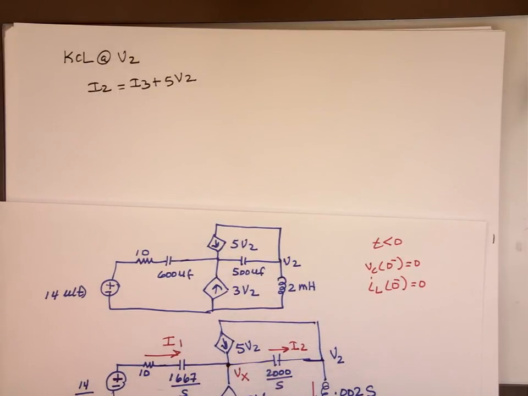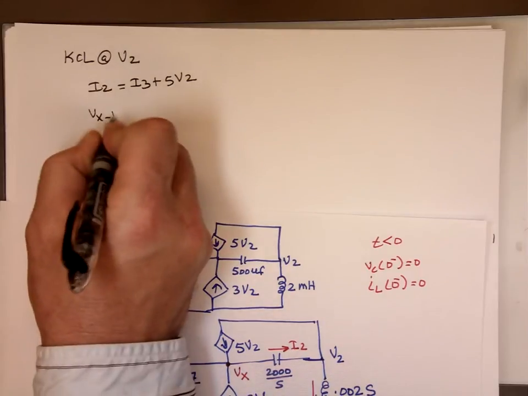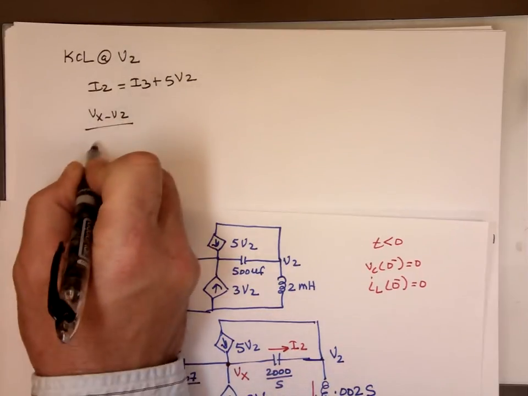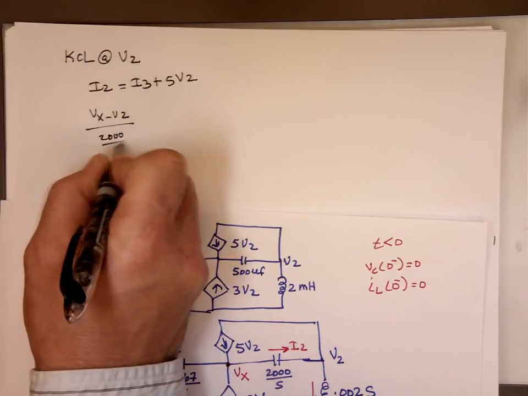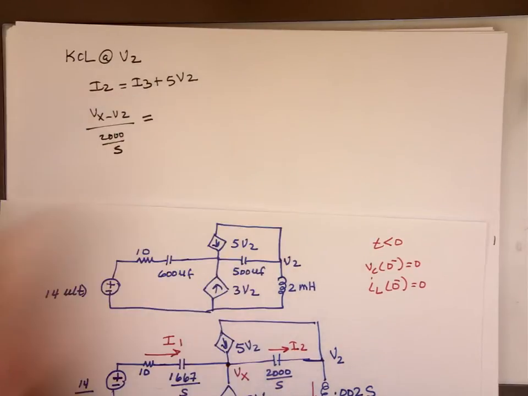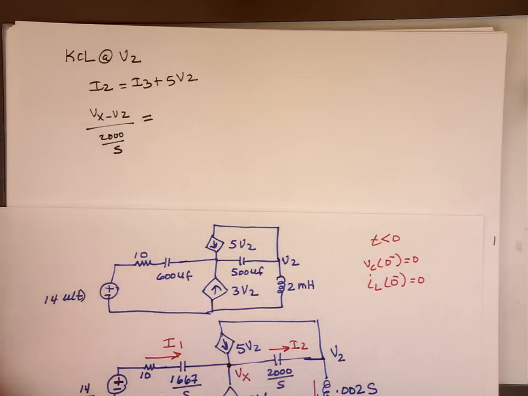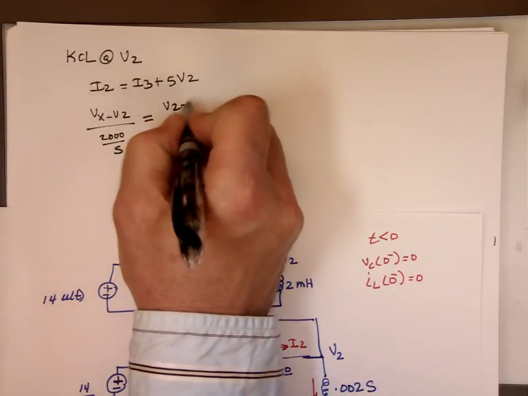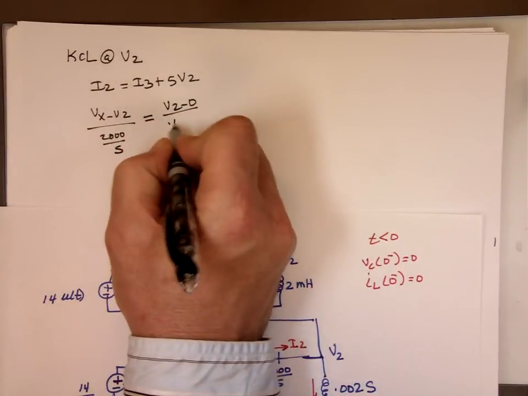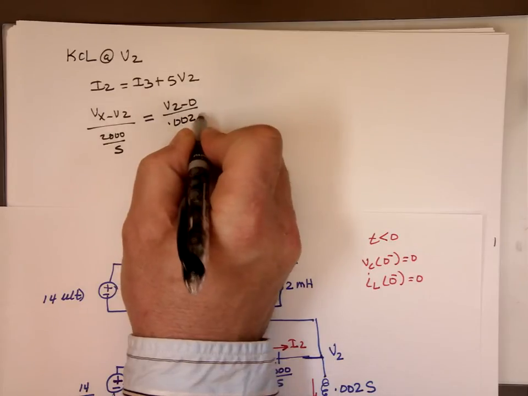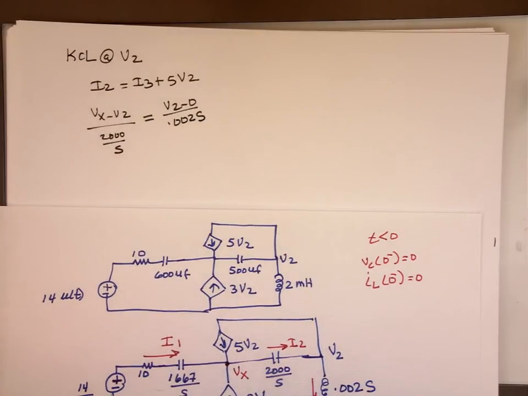I sub 2 is Vx minus V2 over 2000 over S. I sub 3 is V2 minus 0 over 0.002 S, plus 5 V2.